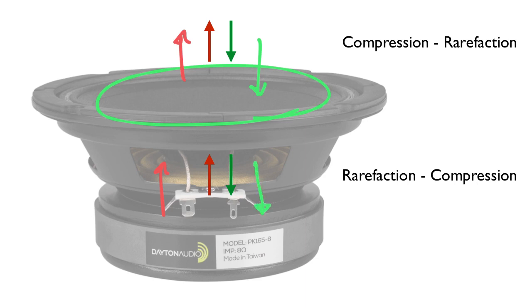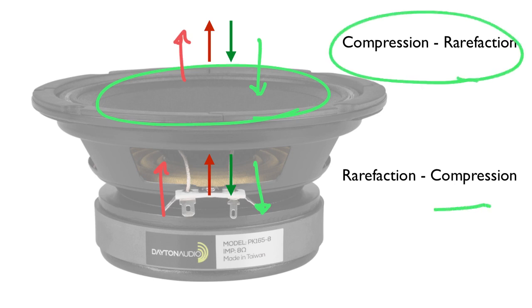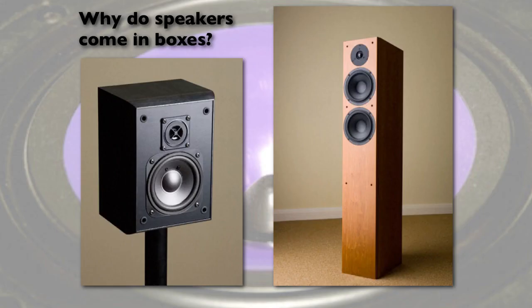It's exactly out of phase. So the sound from the front of the speaker and the sound from the back of the speaker are always exactly out of phase with each other. So anytime you see a speaker, you don't see it by itself. It's in a box. You have to do that. You want to prevent the sound from the inside and the outside from interfering with each other.